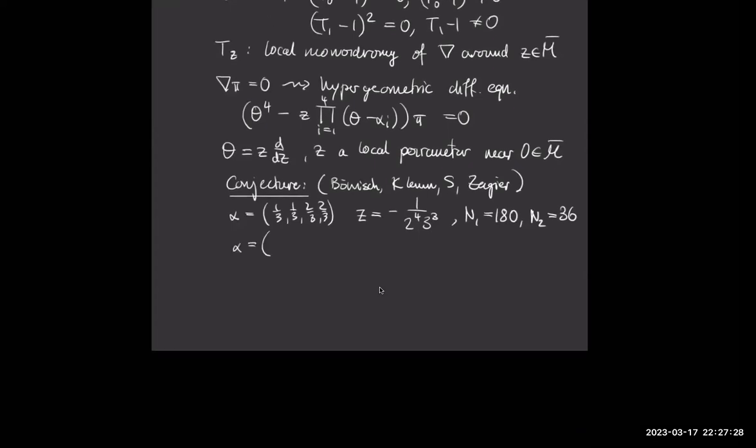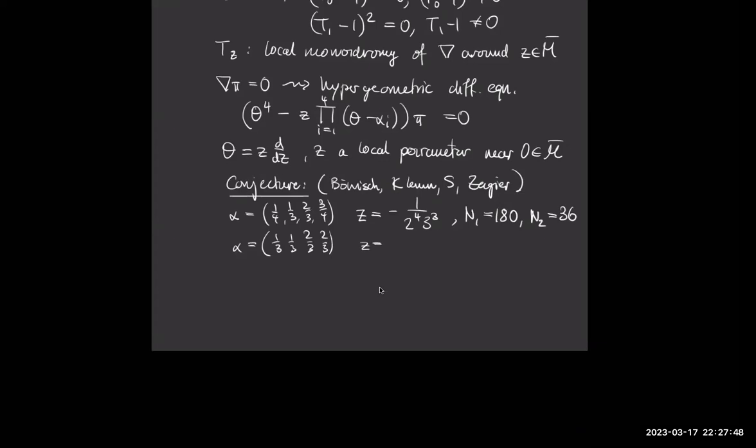And another possibility is, oh sorry, now I mixed the two examples up, so let me change this. So this is 1/4, 1/3, 2/3, 3/4, and here it's the one I wanted before.